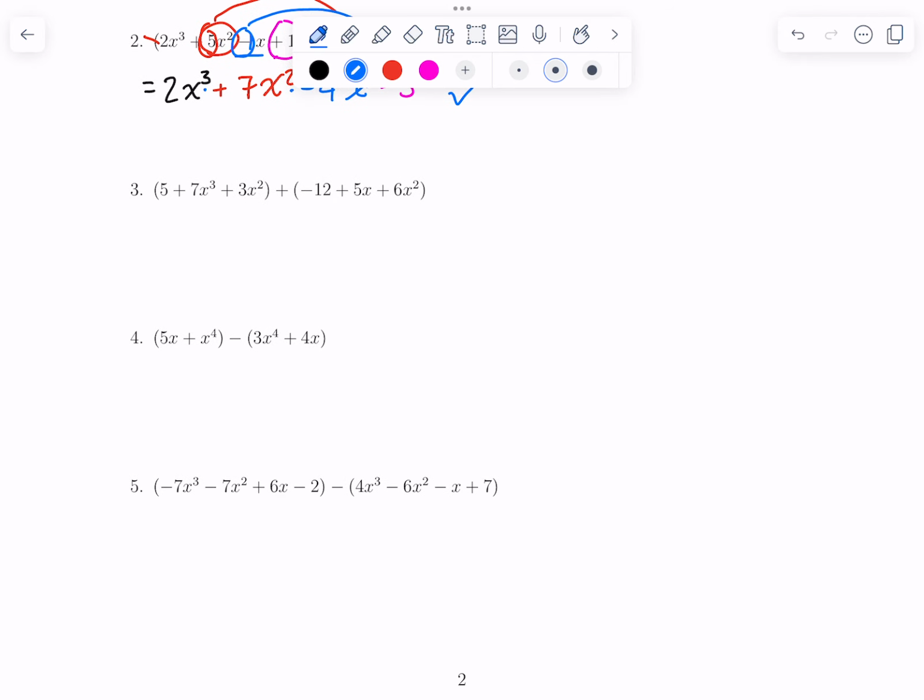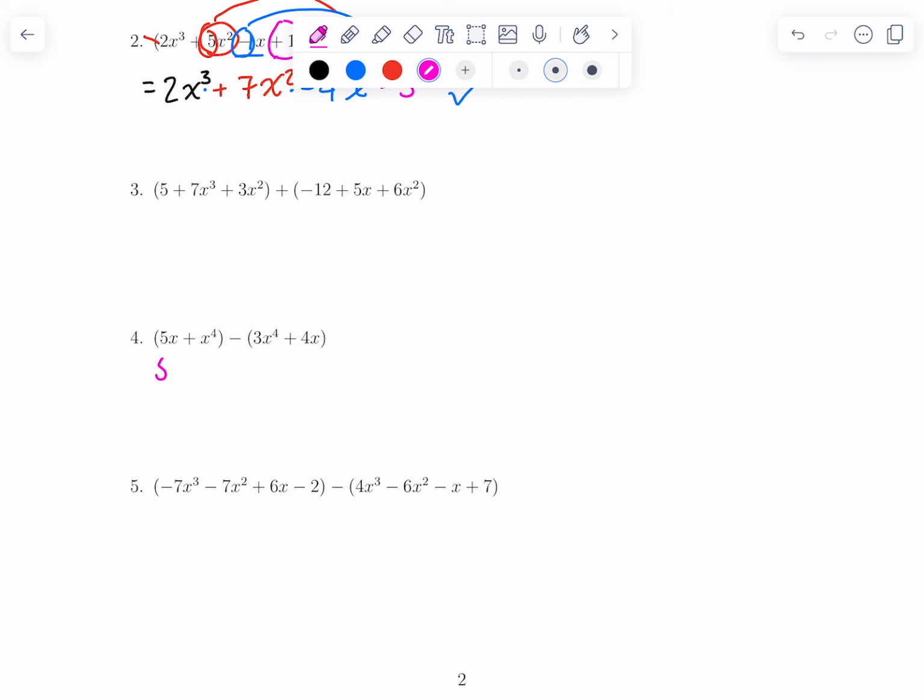So subtraction is a little bit different. This time we cannot remove the parentheses, but we're going to change the signs inside. So we're going to take the opposite sign for 3 times x to the power of 4, as well as 4x over here.